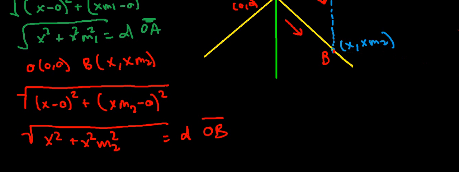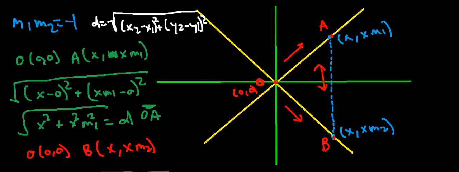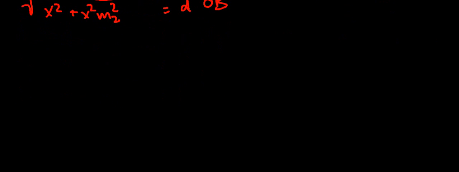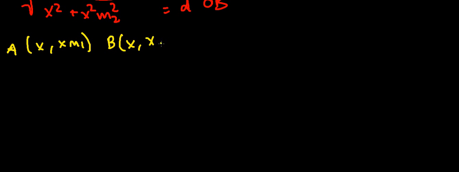Now we need to do A to B. A is xM1, B is xM2.